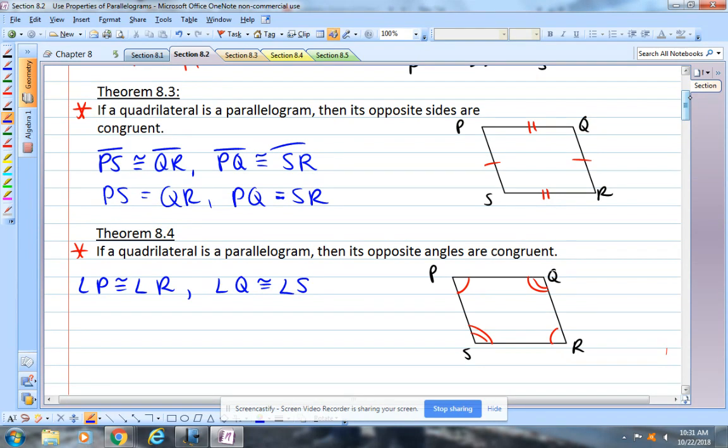If I know the measure of angle P, I also know the measure of angle R. And if I know the measure of angle Q, then I know the measure of angle S. So opposite sides are parallel, opposite sides are congruent, and opposite angles are congruent. Those are the non-adjacent ones. I should say non-consecutive, because they come after each other.